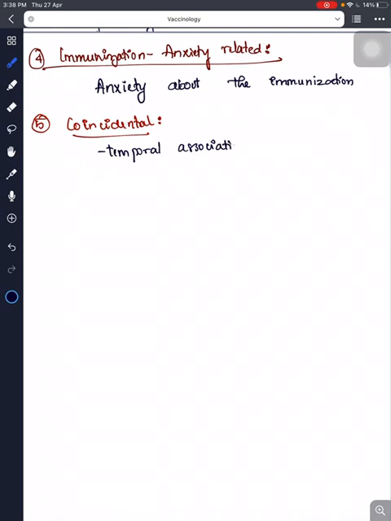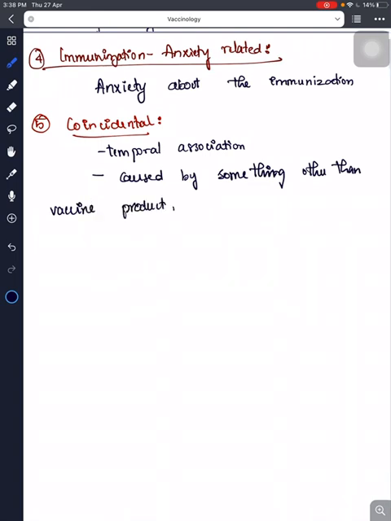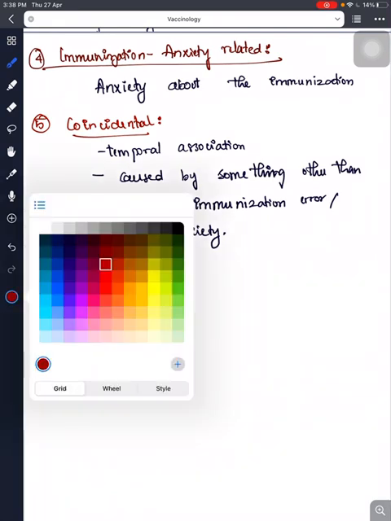It is caused by something other than the vaccine product, immunization error or immunization anxiety.